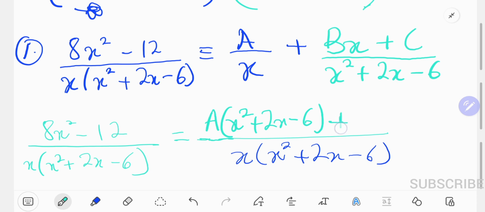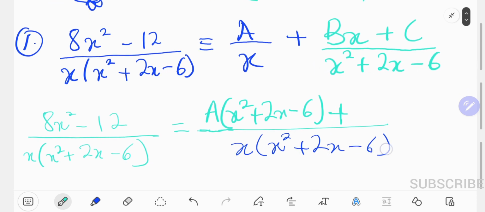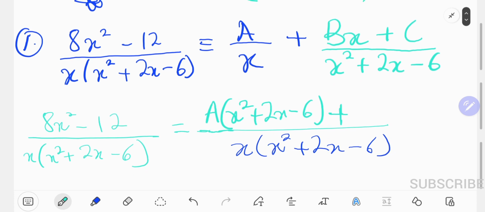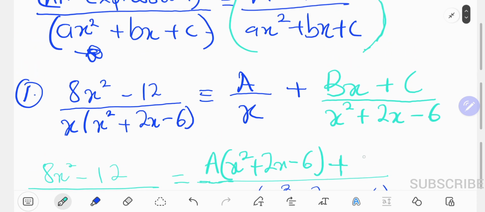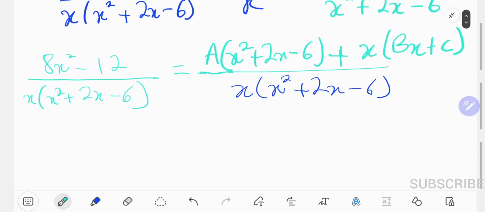Then plus the whole of this also cancels out the whole of that, so we get just x multiplying bx plus c. Okay, so this is where we are right now.